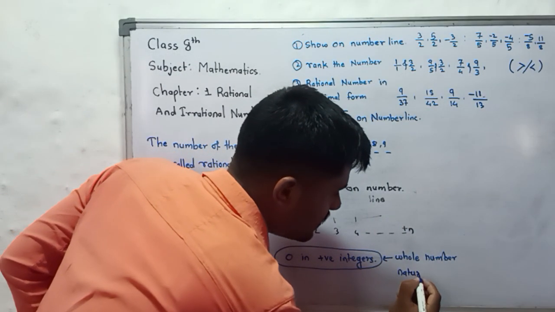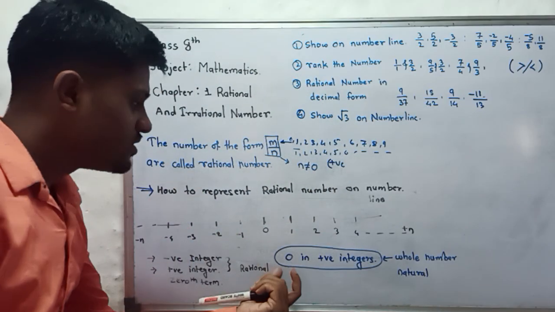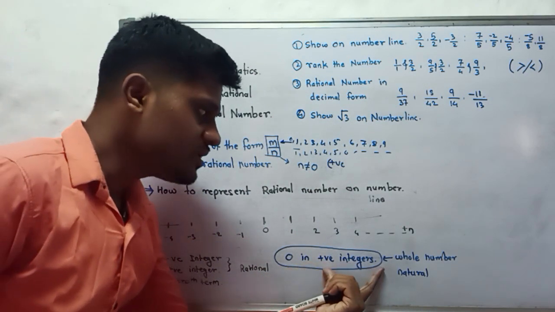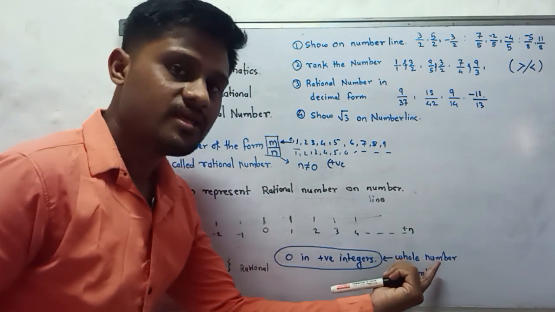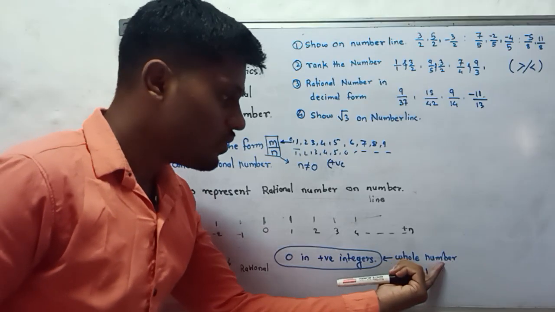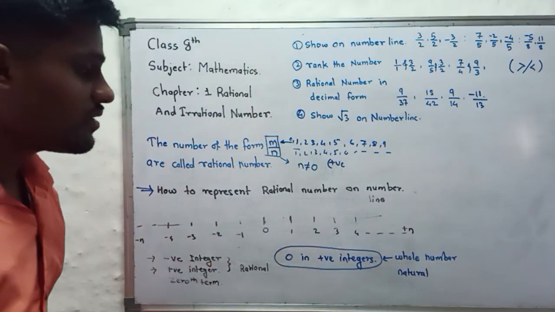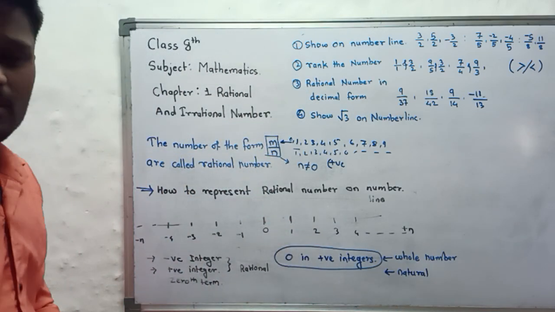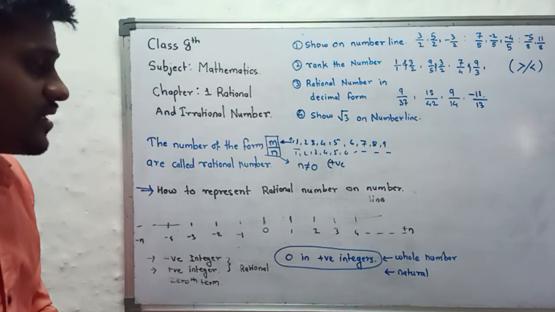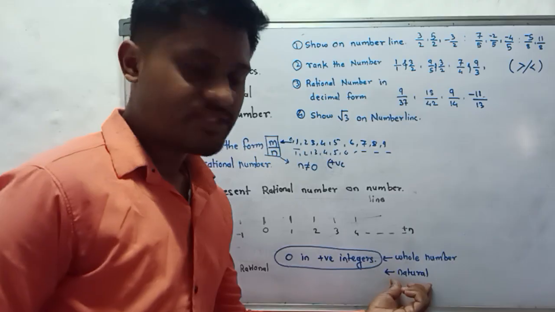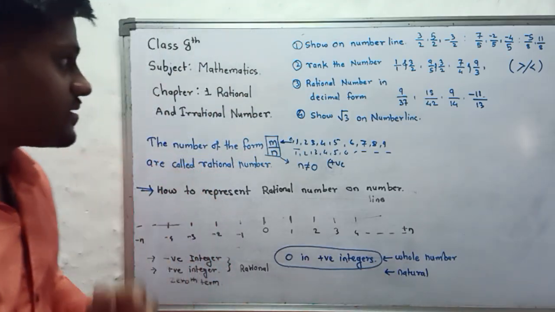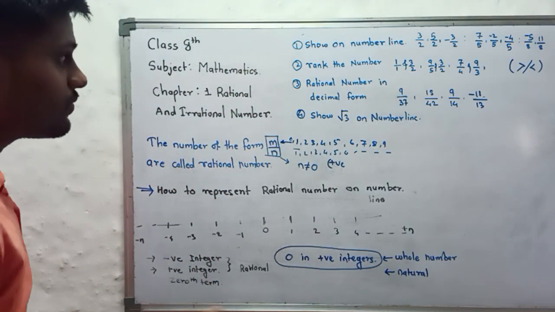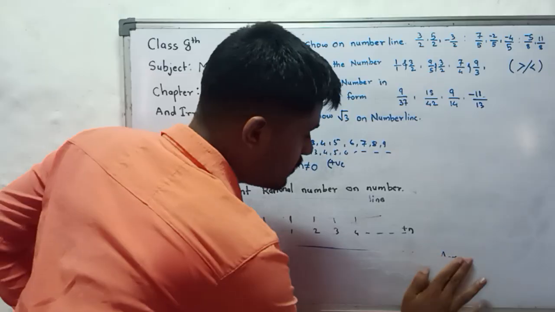If zero is included with the positive integers, those are whole numbers. But if zero is not there and only positive integers are included, then we call it natural numbers.